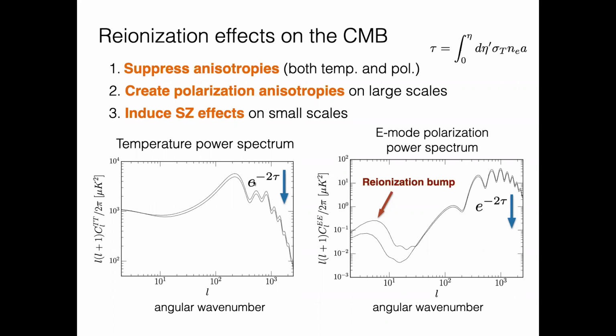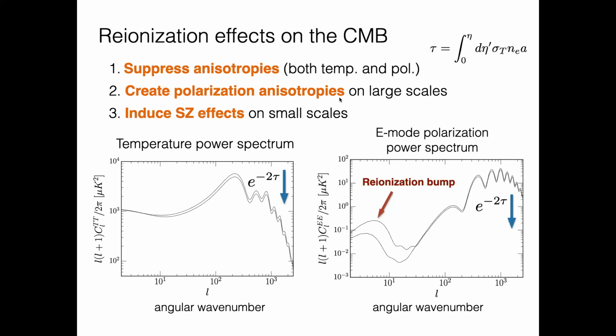That's done by a factor of e to the minus 2 tau, where tau is defined as the Compton scattering optical depth. This is one of the 6 lambda CDM parameters used to model the CMB in the most baseline model.